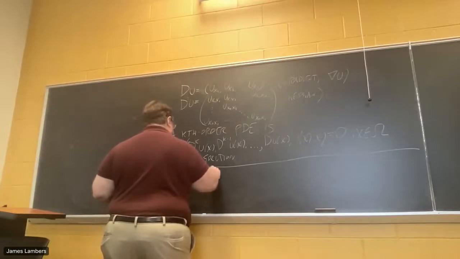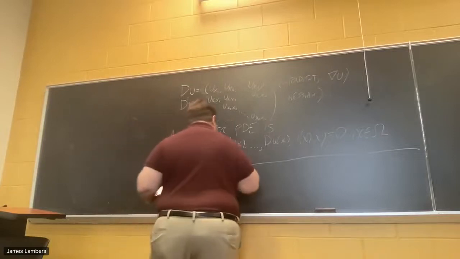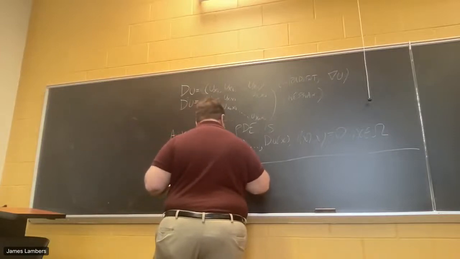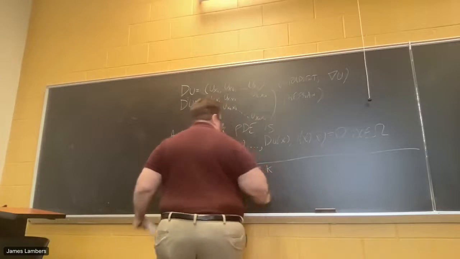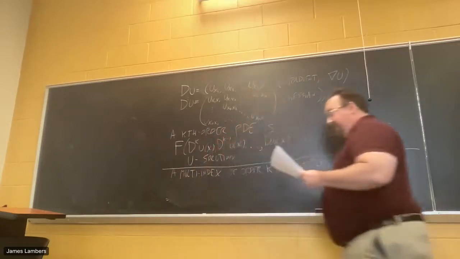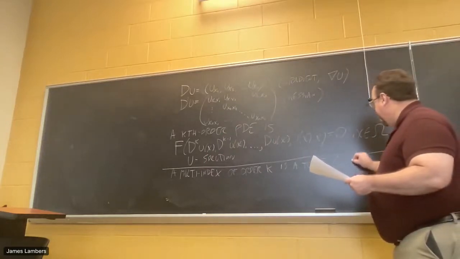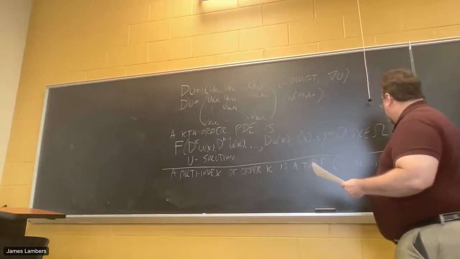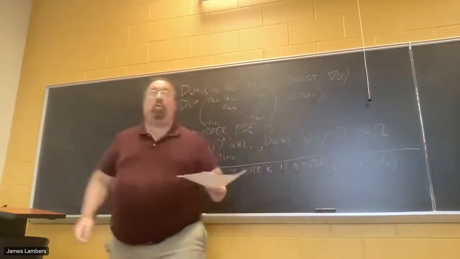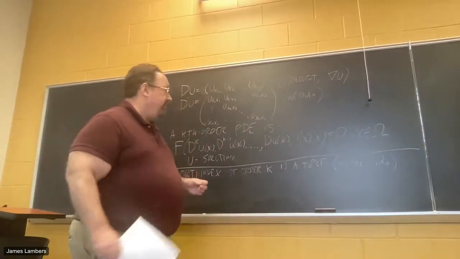So a multi-index of order k is a tuple consisting of n non-negative integers that describe possible orders of partial differentiation with respect to different variables.